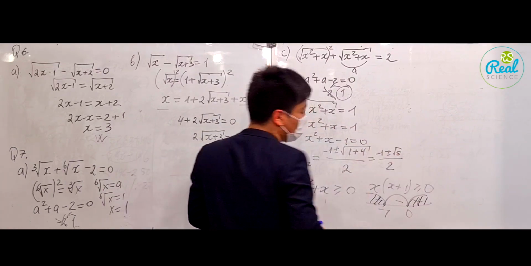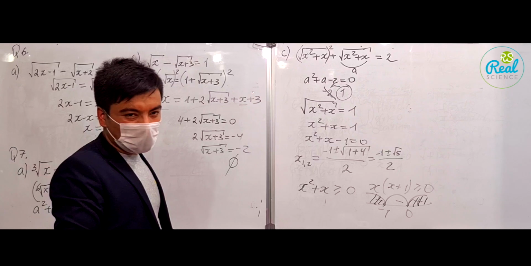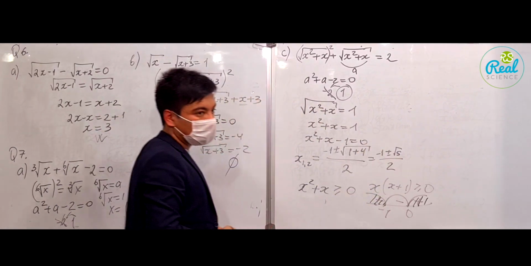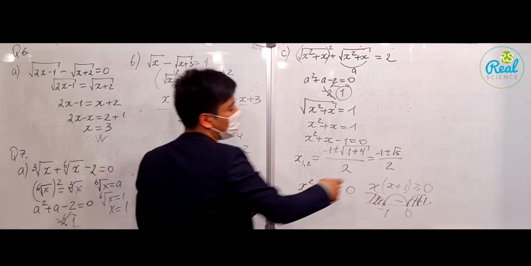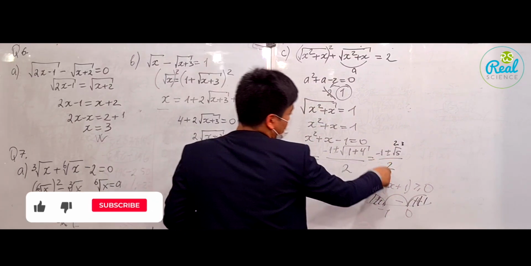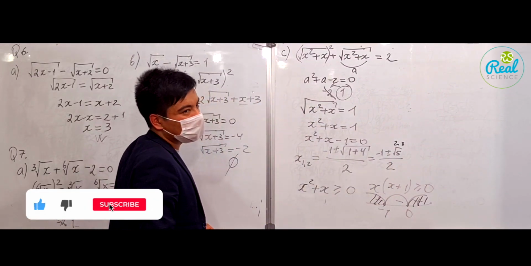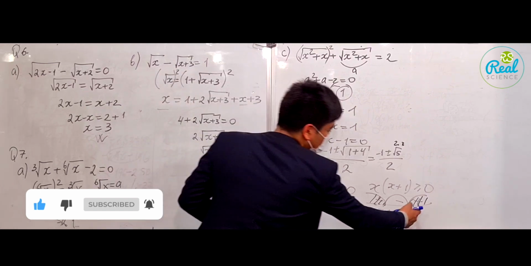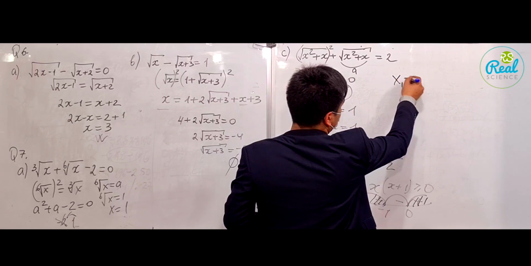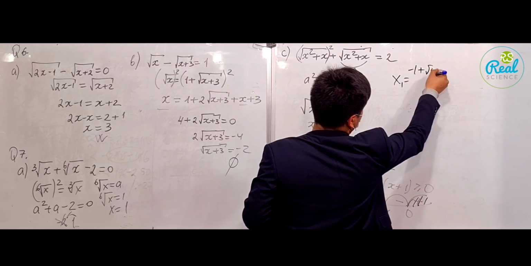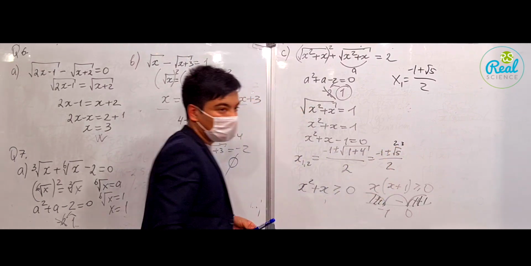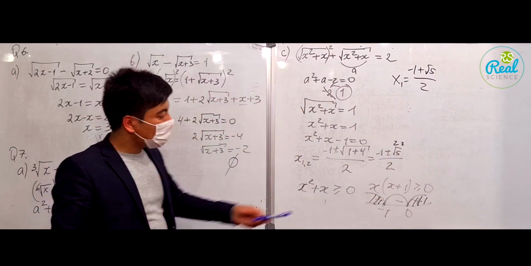And the square root of 5 is 2.4 or 2.2, no, it's going to be 2.3, let's say. Plus minus 1, 1.3 over 2. It's going to be 0.65. In this case, the first one is an answer. And minus 2.3 minus 1, minus 3.3 over 2.